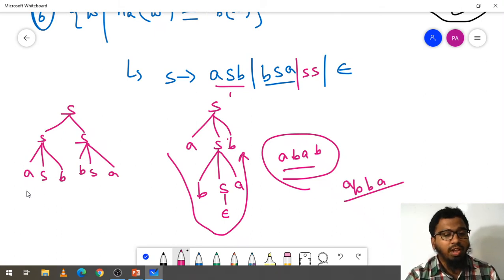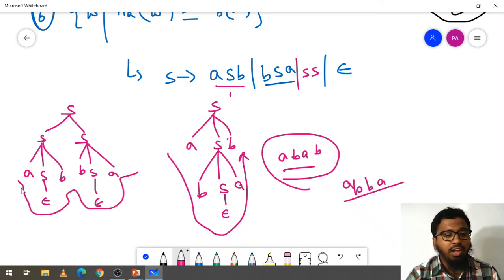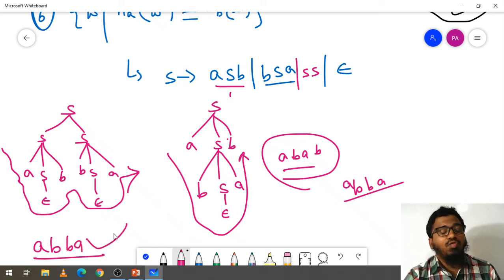So how will we get it, if we take the epsilon here, what is the answer we will get here? A, B, B, A. So if you want this answer also, you will get it, but you need to add the concatenation.